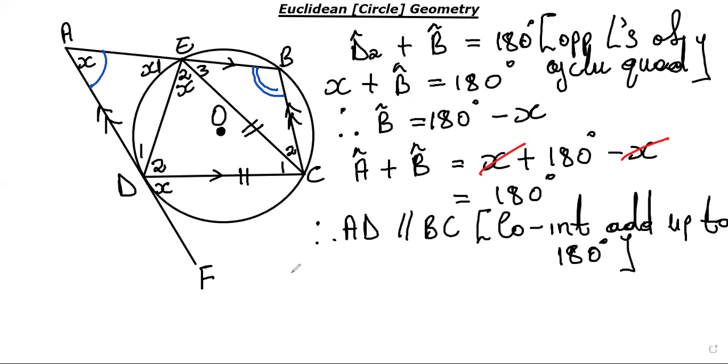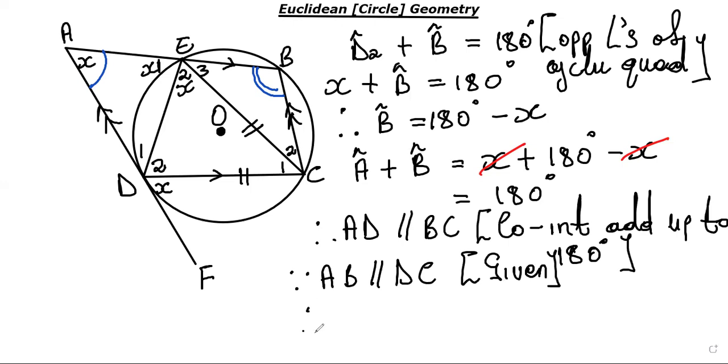Or you can actually write this down and say, since AB is parallel to DC, which was given to us, then we can conclude and say ABCD is a parallelogram.